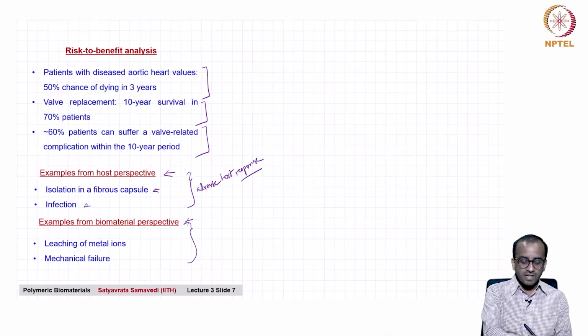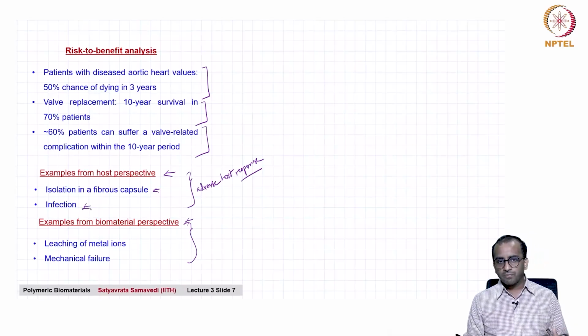You can also have infection. This can arise from implant sterilization, incorrect or improper implant sterilization, or it can also happen during surgery, right? Either way, this is again infection that has come in, a biological system, not the host here, but other biological systems, microorganisms that have gotten into the system and are causing adverse responses in the body, which in turn will have an effect on the host, which in turn will have an effect on the biomaterial, right?